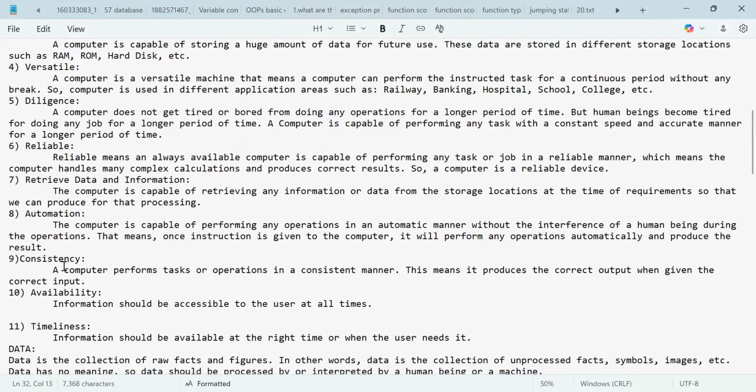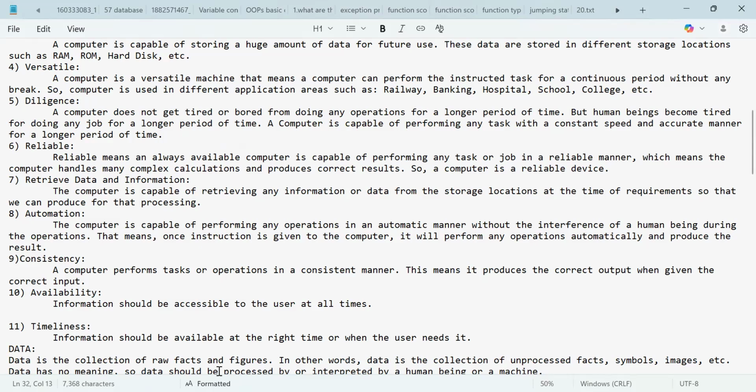After that, consistency. What is consistency? It means it performs tasks or operations in a consistent manner. That means it produces the correct output when given the correct input. When given the wrong input, it produces the wrong output.